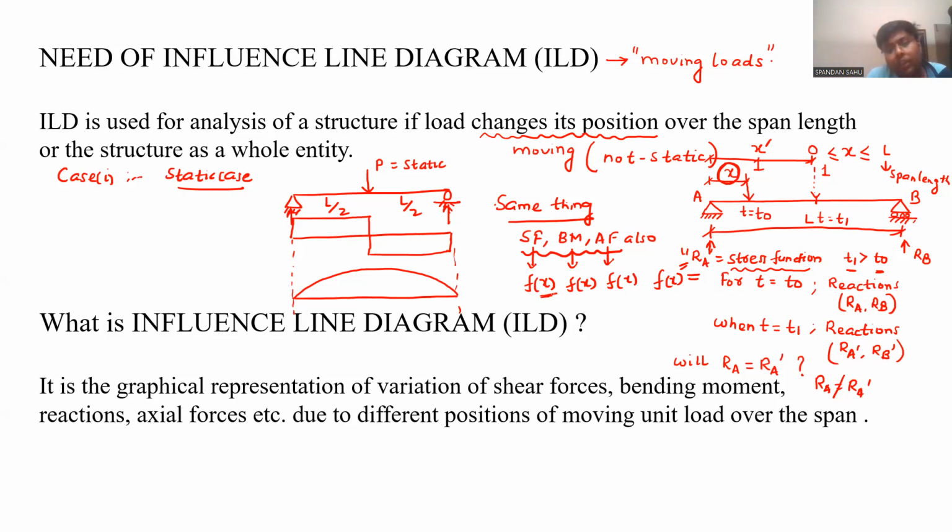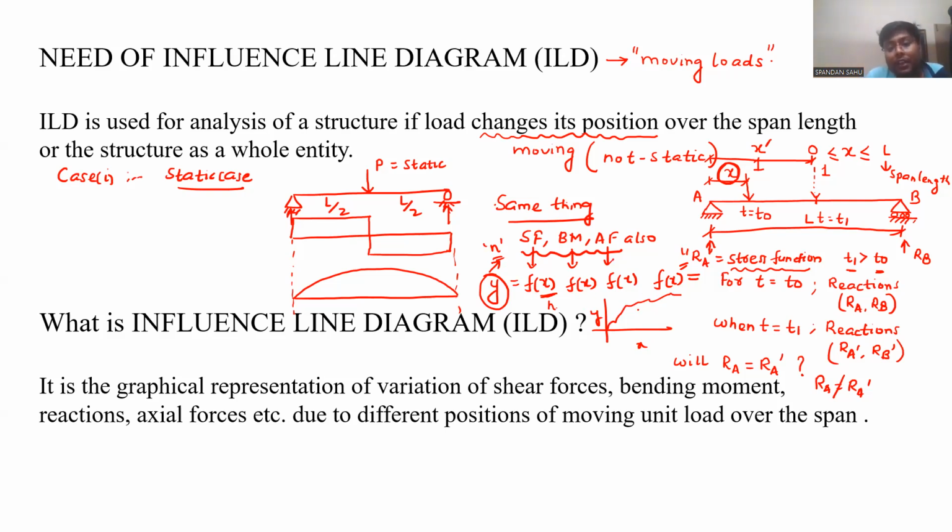Suppose you have n values for x, you will also get n values of the y output. So when you plot y against x, you will get some curves. That curve is representing the ILD for the given stress function.